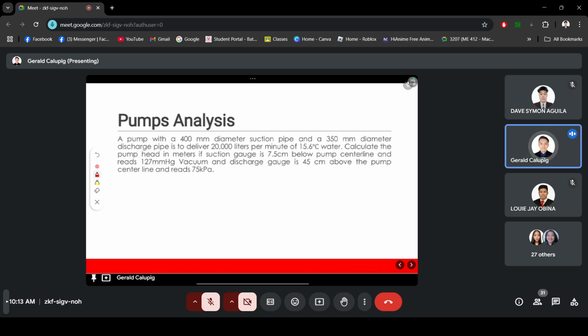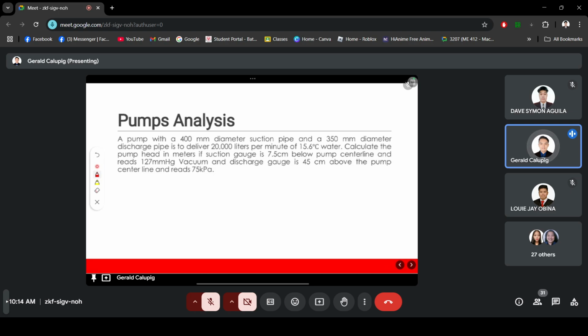Calculate the pump head in meters if the suction gauge is 7.5 cm below pump center line and reads 127 mmHg vacuum, and discharge gauge is 45 cm above the pump center line and reads 75 kPa. So you are asked to find the total dynamic head or the TDH or HP.